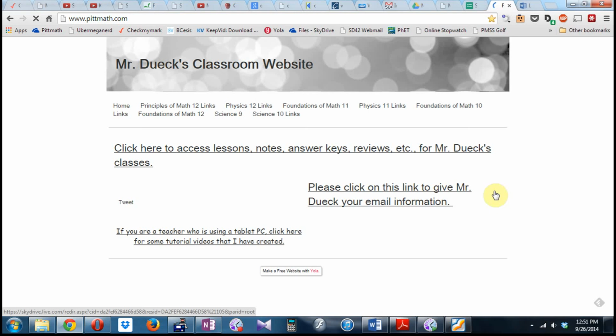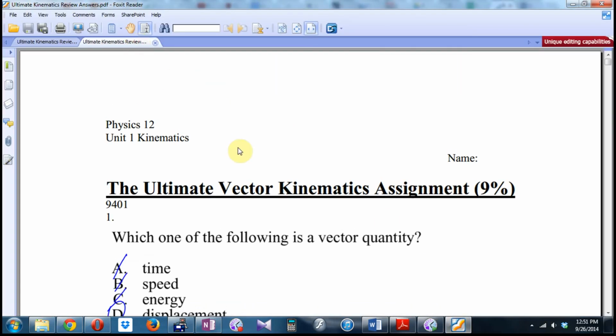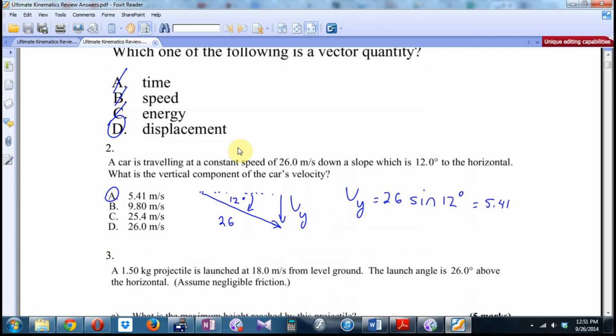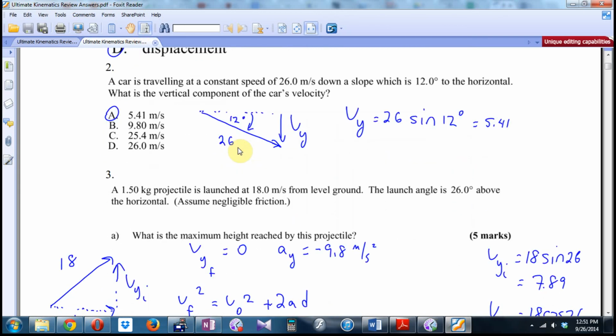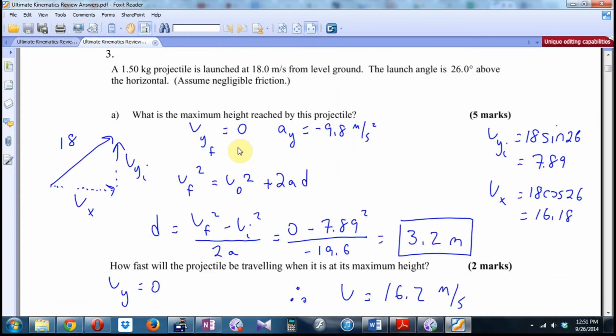I will always put both a blank copy of this review, because sometimes kids want to do this twice or they lose it, and I will always put a handwritten answer key. In the handwritten answer key, I tried to show all of my steps. Anytime you ask me a question from the review, I will always say to you, well, Josh, did you go look at my online answer key?